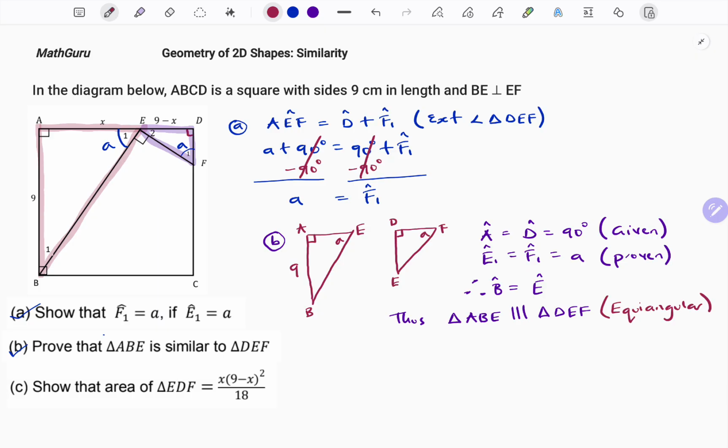Then we go to the third part of the question, which says, show that the area of triangle EDF is equal to x in bracket 9 minus x all squared divided by 18.